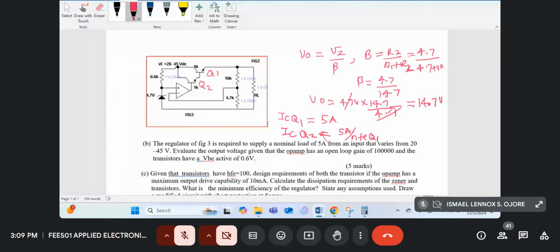And you are told that if the transistors have got a gain of 100, so IC Q2 will be 5 amps divided by 100. So we've gotten the currents that are flowing through these two transistors when it's delivering 5 amps to the load.